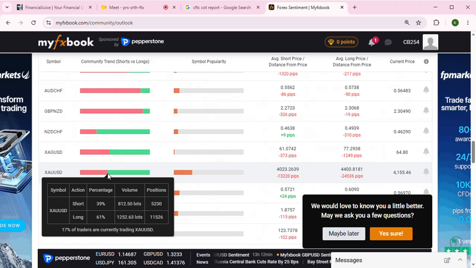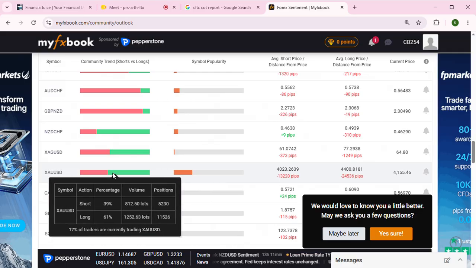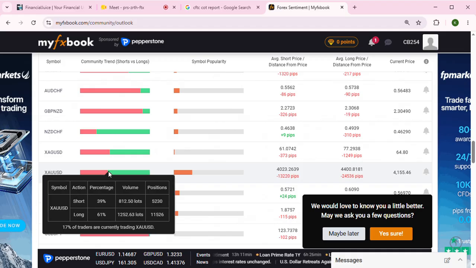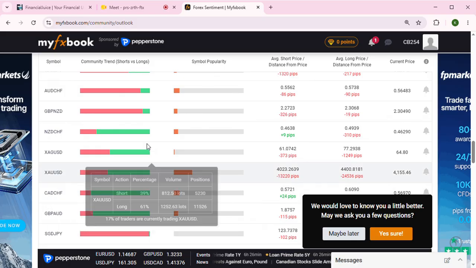In this case, this tells us that the market is still bearish on gold, both fundamentally and technically. So now sentimentally, you can see that we are bearish on gold. That tells us we should be looking for more selling opportunities on gold this coming week.